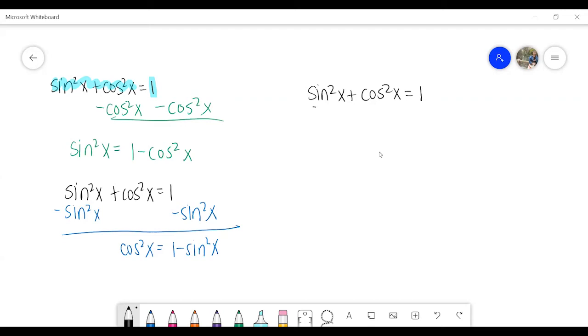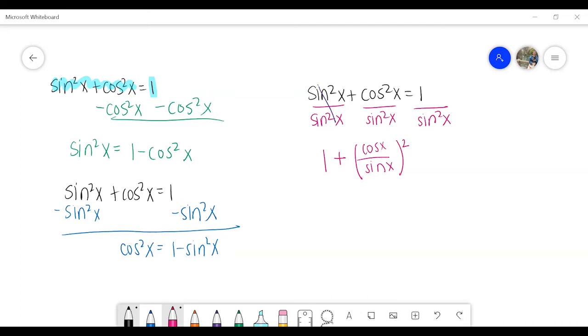One option we have is to divide everyone by sine squared x. This first one is sine squared over itself, so that cancels, and this just gives us a 1. Plus, and then what's technically happening here is you have cosine x over sine x, and the whole quantity is being squared. Now, we don't typically write this middle step, but it's a good idea to see that that's happening.